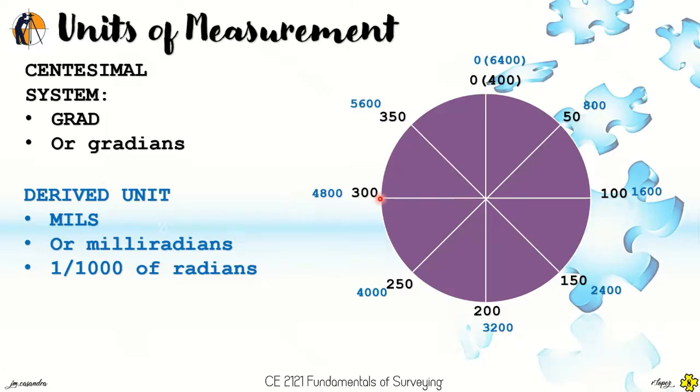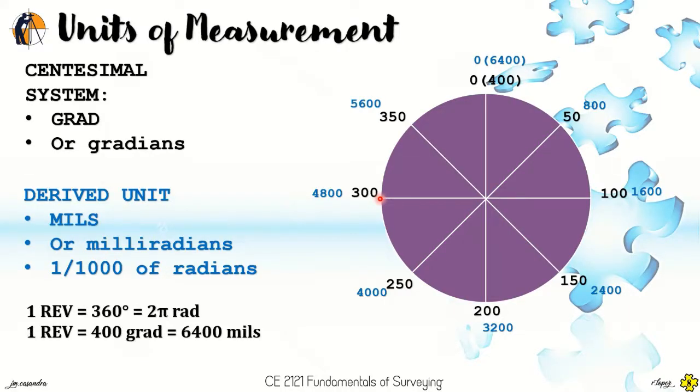And 270 degrees is equal to 4,800 mils. One revolution is equivalent to 400 grads and is also equal to 6,400 mils. So please do remember this unit conversion for our angle measurements.